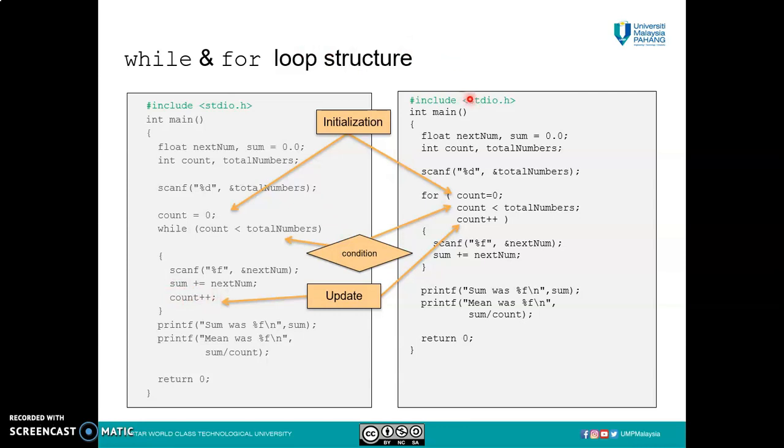Compared to the for loop, all these three things we write here: the initialization, semicolon, then the condition evaluation or repetitive condition, count smaller than total number or any other condition, semicolon, and also the update statement, count plus plus, or count plus 2. It depends on your update statement. So these are the differences between the while loop structure and the for loop structure.